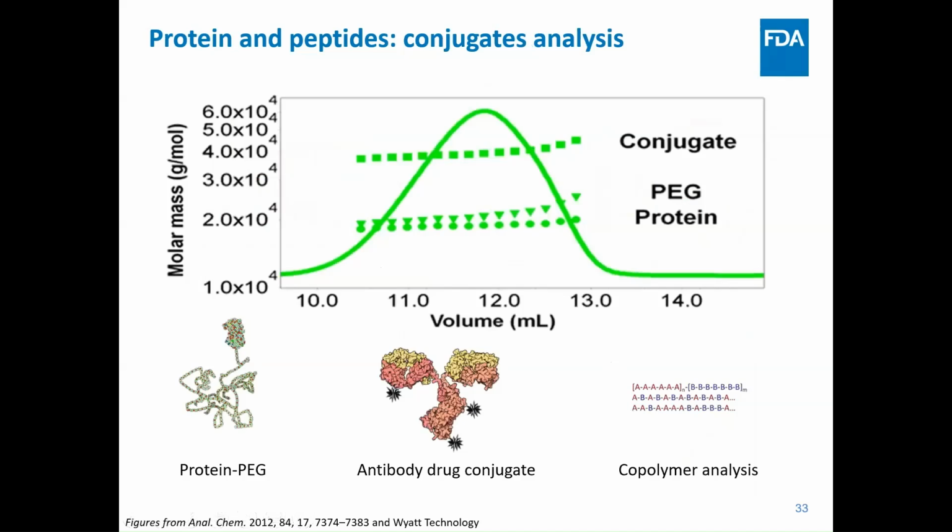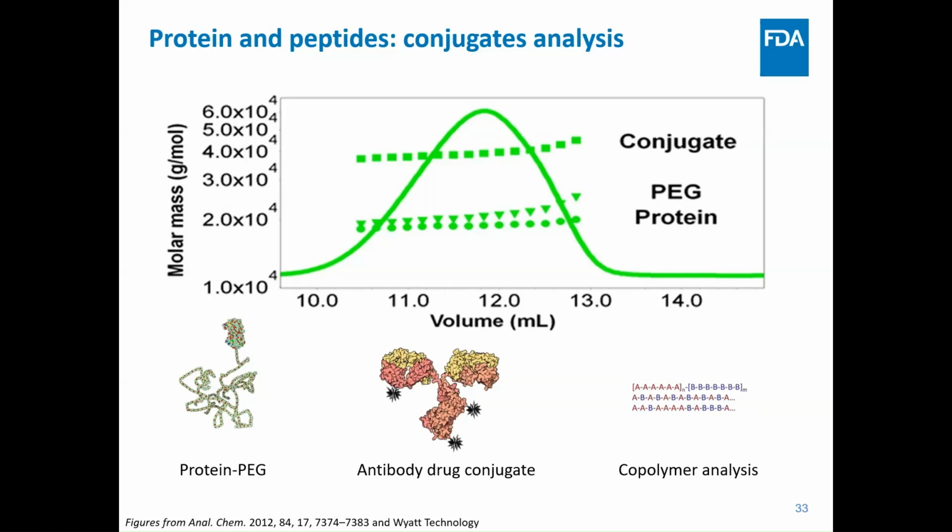For protein and peptide molecules, a lot of the time they may be modified to improve some of their properties or to introduce new properties. They may be conjugated with different types of molecules.